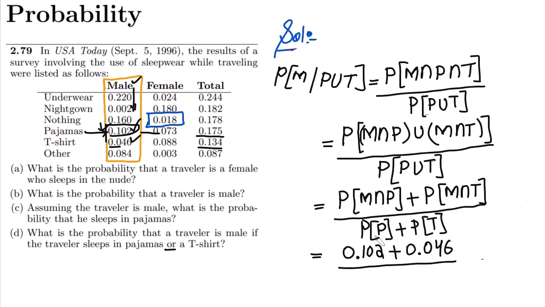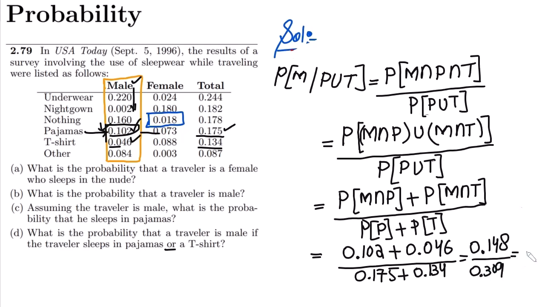Dividing it over the probabilities which are given: the probability that he wears pajamas is 0.175, and the probability that he wears a t-shirt is 0.134. Now adding them and finding the solution, by adding we get 0.148 divided by 0.309.